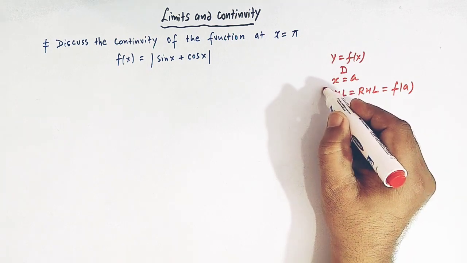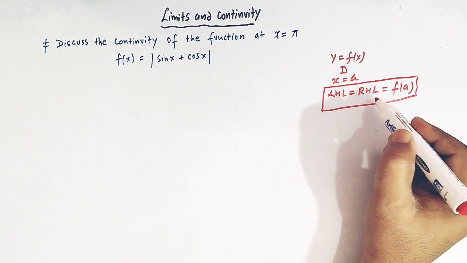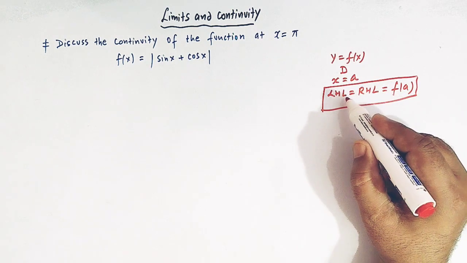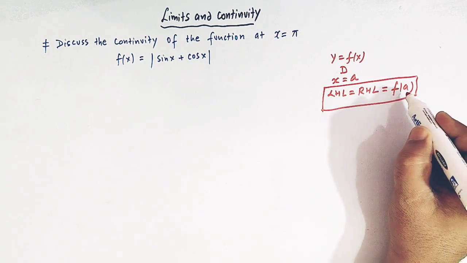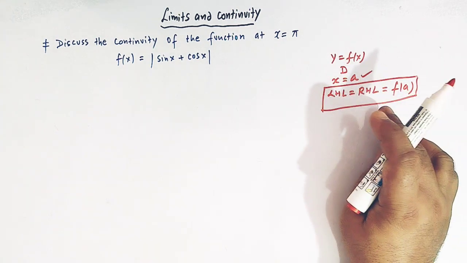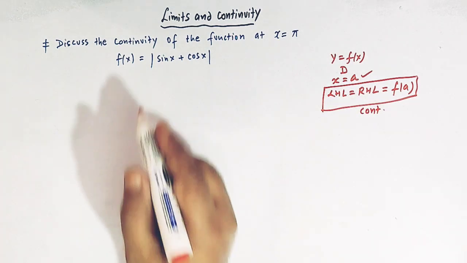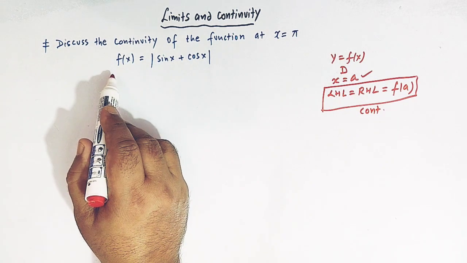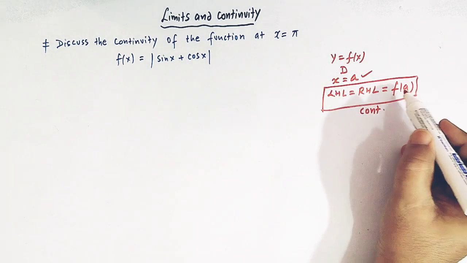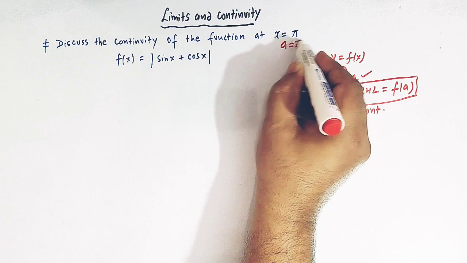So if this condition is satisfied, that is the left hand limit is equal to the right hand limit and both the limits are equal to the value of the function at the given point, then the function is said to be continuous. So here we'll first find the left hand limit, then the right hand limit, and then f of a. Here a is pi.